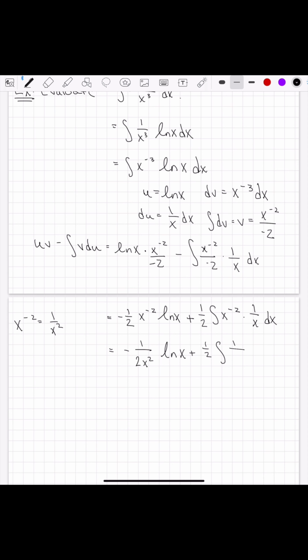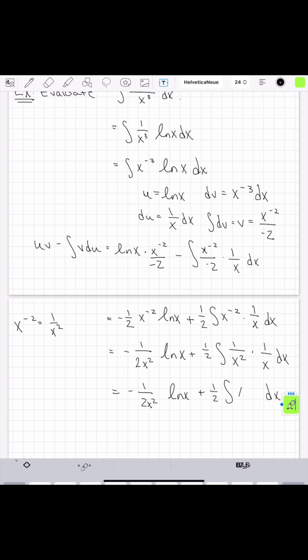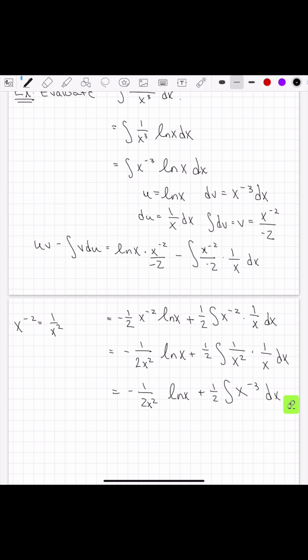And then this is 1 over x squared times 1 over x, which simplifies to 1 over x cubed, which we can change to x to the -3, and then we can actually integrate that.